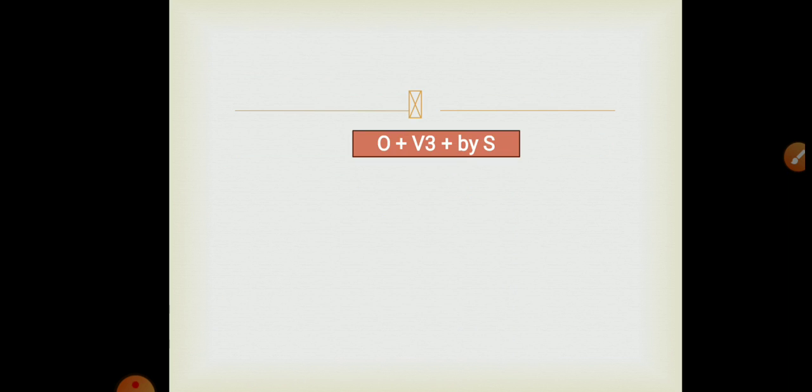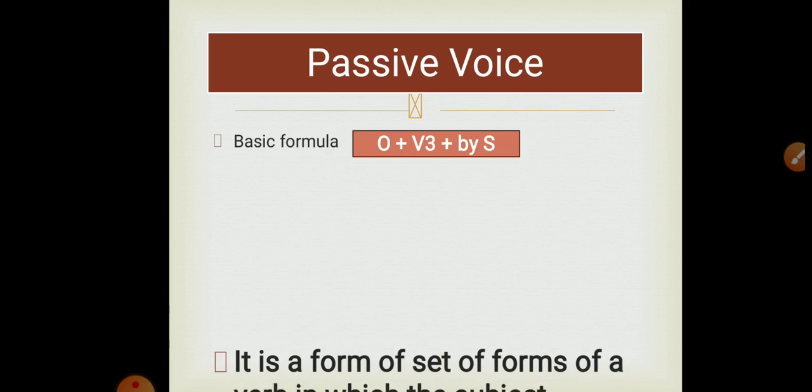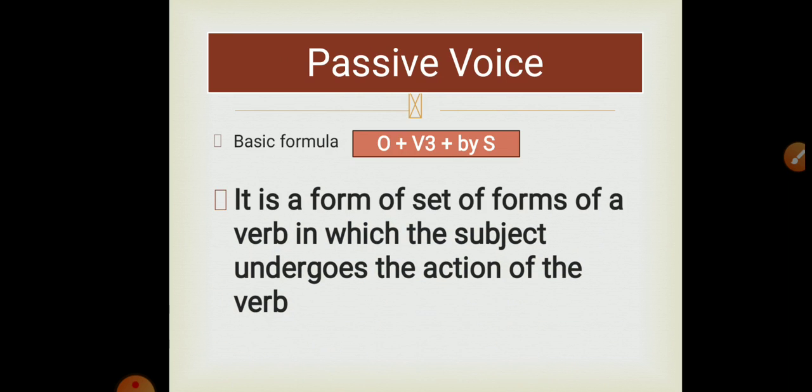Passive voice basic formula: O plus V3 plus by S. It is a set of forms of a verb in which the subject undergoes the action of the verb.